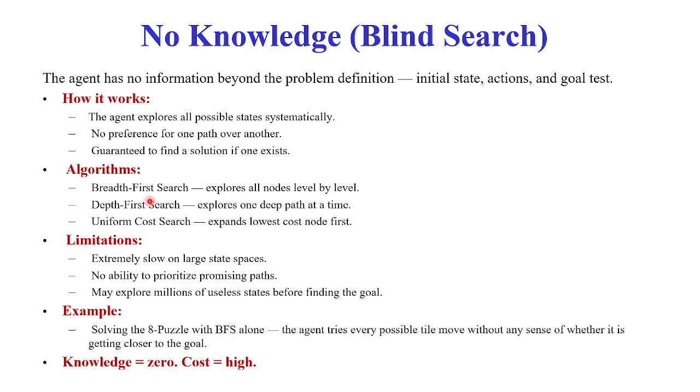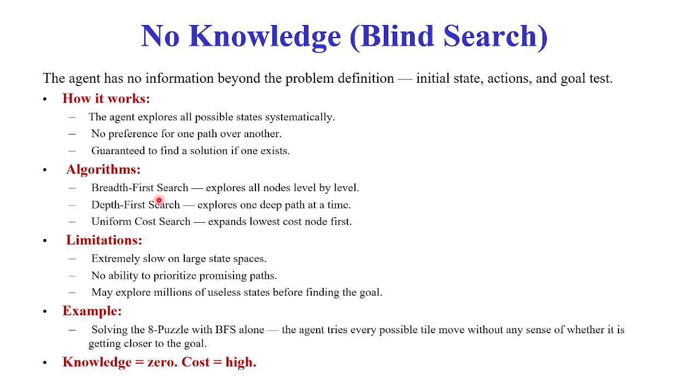The second one is the depth first search. So rather than searching level by level, spreading out, the agent goes as deep as possible down one path. Before backtracking, it tries one full path downwards.